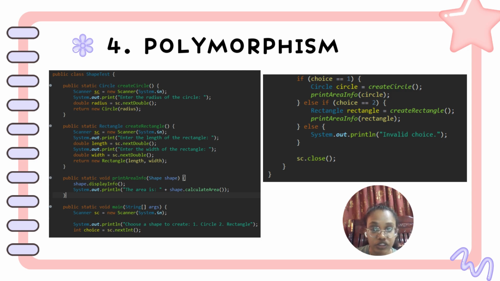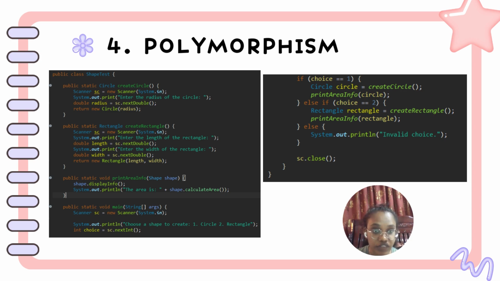Number four is public static void main. Then we create Scanner sc equals new Scanner(System.in), and then System.out.println asking the user to choose a shape to create: one circle or two rectangle.